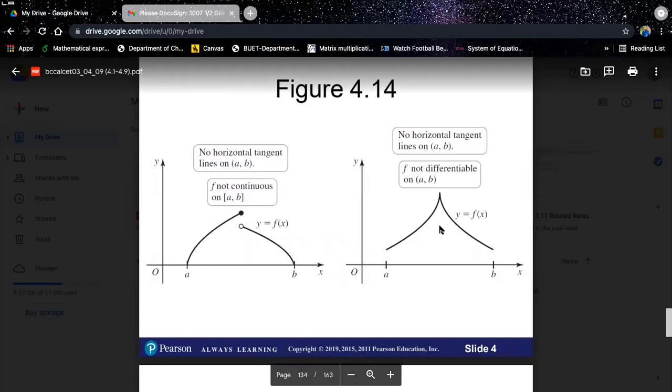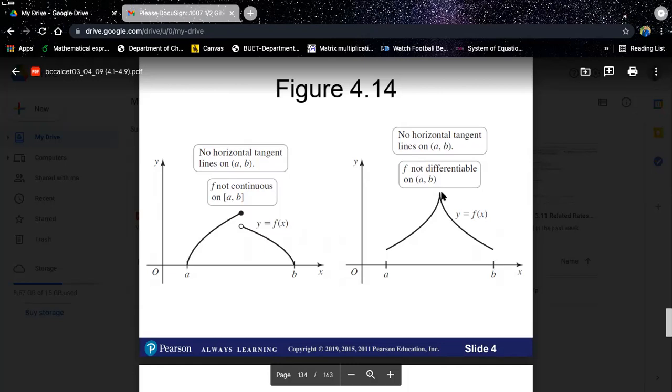Or I would say, even though there is a change of direction, you could actually draw a tangent line here, which I guess would be vertical to the y-axis. Anyway, you can clearly eyeball that it's not differentiable, right?